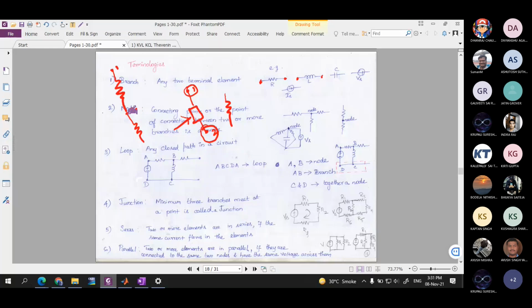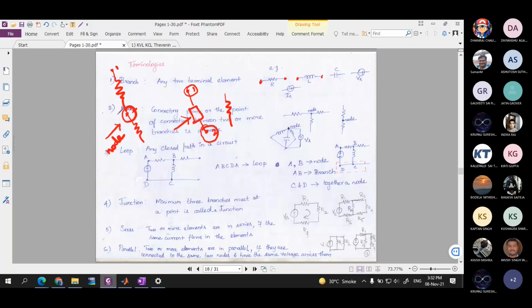So this point which is connecting these two elements is called a node. Any point which is connecting two or more elements can be called a node.